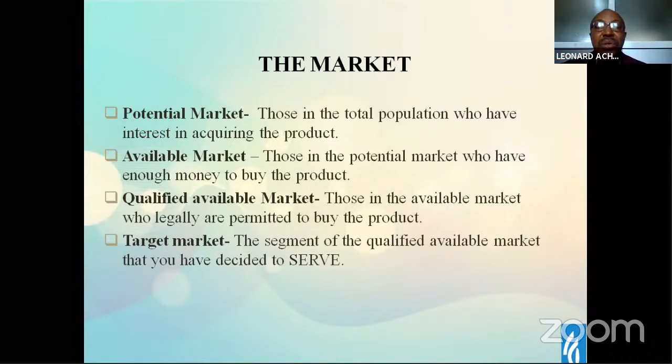And so we have about 4 types of markets under consideration in this discussion. There may be other types of market, but for the purpose of this discussion, we limit ourselves to these 4 types. And the first one is potential market.